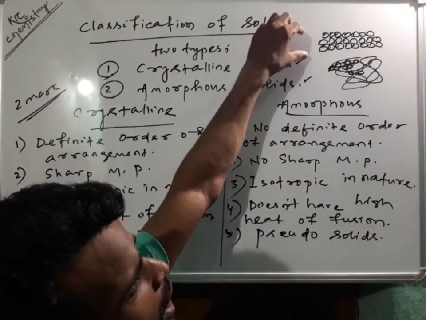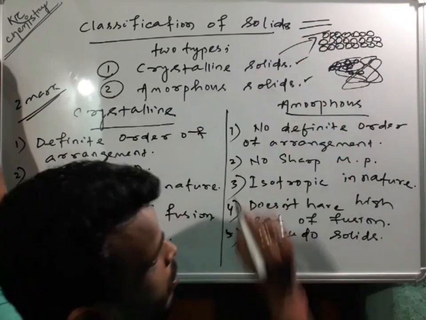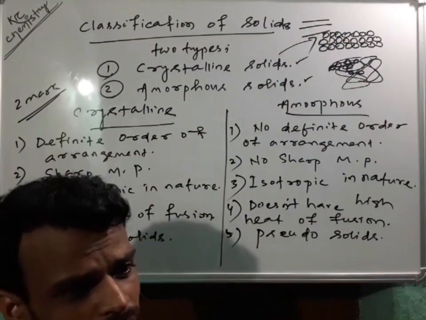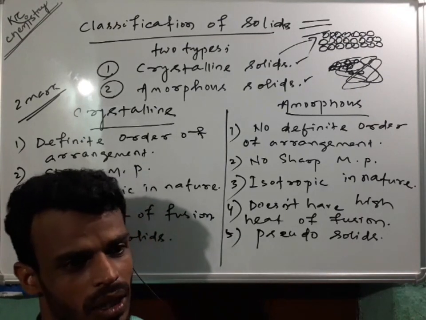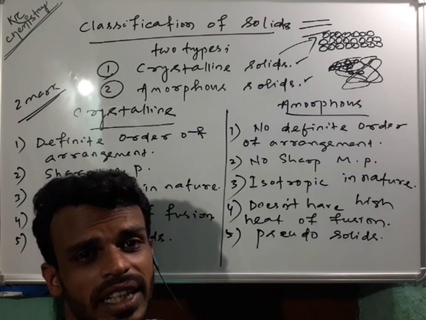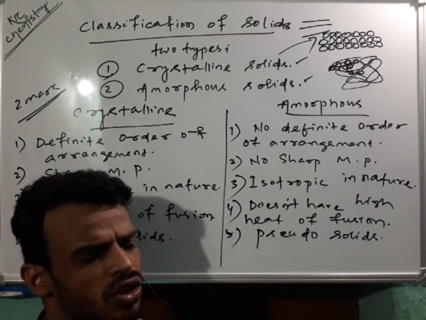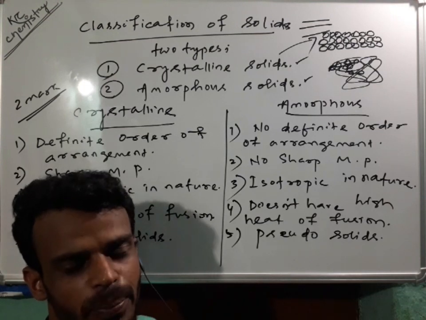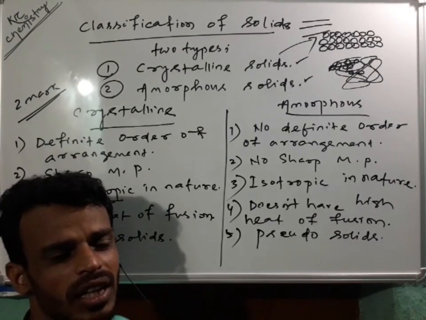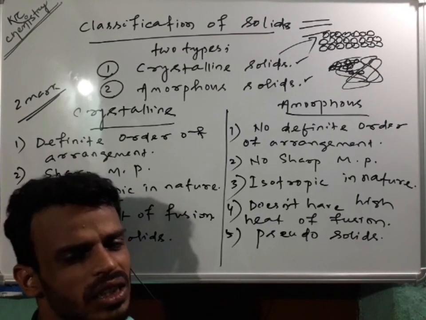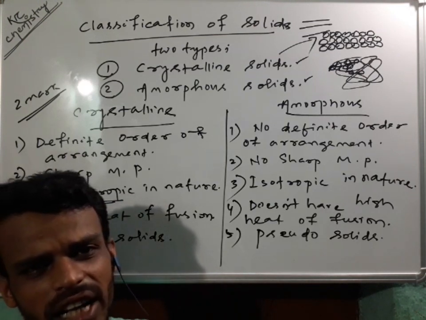And if the arrangement is in an orderly manner, like in a classroom, when you sit in the exam, the arrangement of the students is orderly. But in the playground, when you play cricket or football, the arrangement is of indefinite order, means randomly you are arranged here, there and anywhere else.